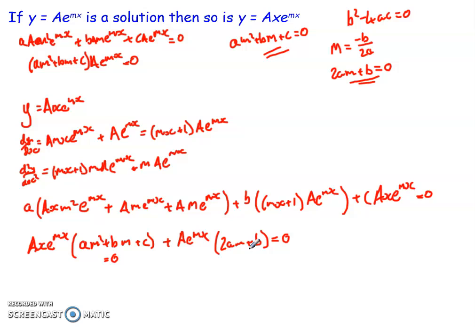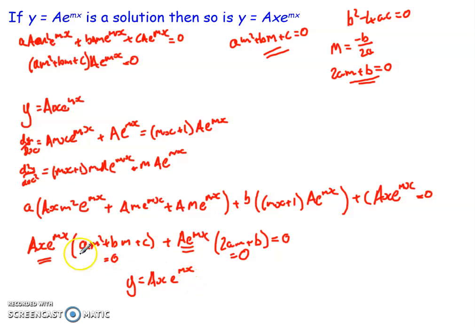Now, the condition we're looking at assumes repeated or coincident roots, so 2am plus b equals 0, and this bit is also equal to 0. So I can now take the fact that both of these are solutions. So I know that y equals ax e to the mx is also a solution to my equation.